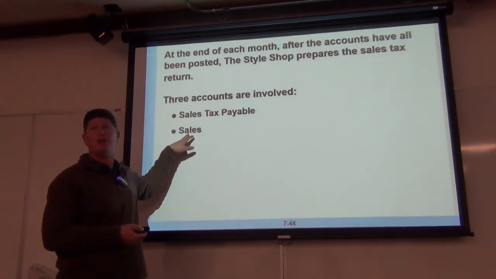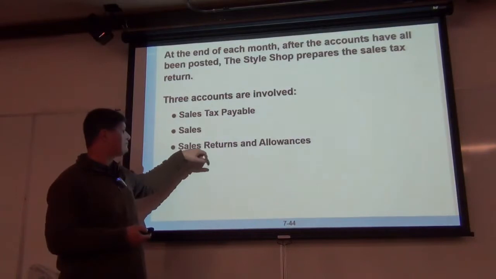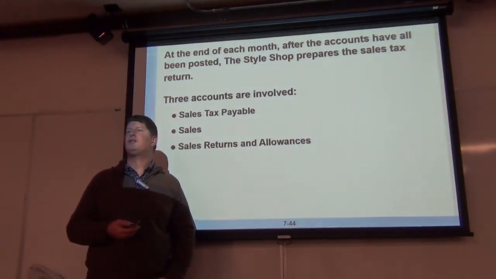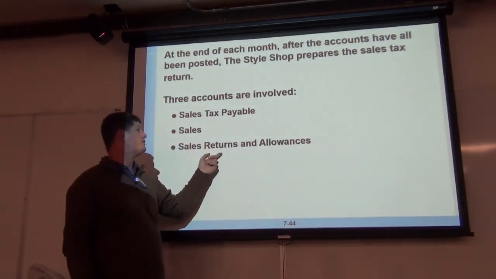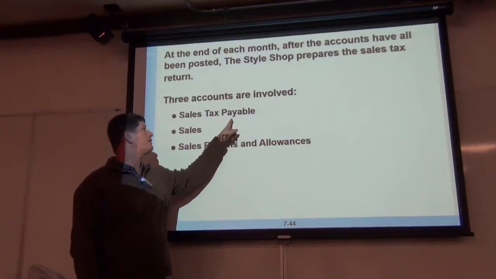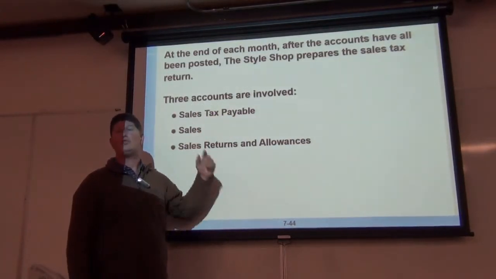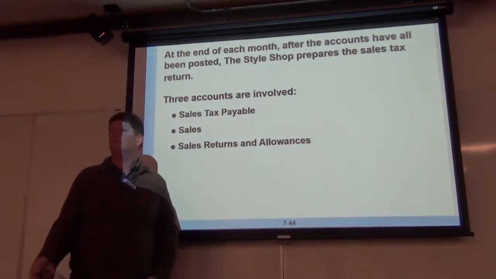We need to know sales for that month because they're going to make us calculate it and show them the math. And if somebody returned something, we don't have to remit the sales tax from that because we gave it back to the customer. So you're going to take sales, subtract your returns and allowances, calculate the amount that is owed, and it'll match the liability in your general ledger account. If it doesn't, you've got a problem, you've got to figure it out.